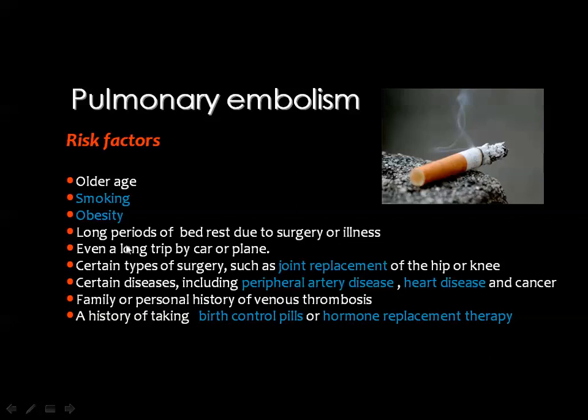Also, bed rest after surgery or chronic illness, for example, a long trip by car or plane, and major surgeries like joint replacement of the knee or the hip, peripheral artery disease, cardiac disease, and the family or personal history of venous thrombosis, some of the contraceptive pills, and hormone replacement therapy.